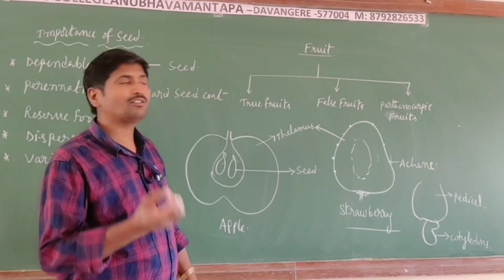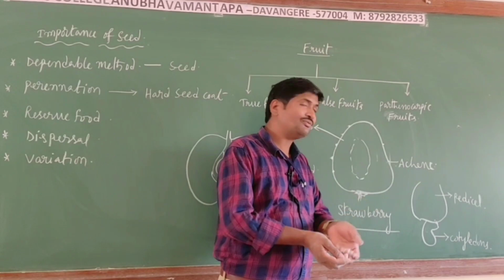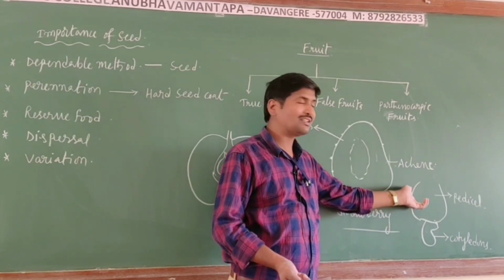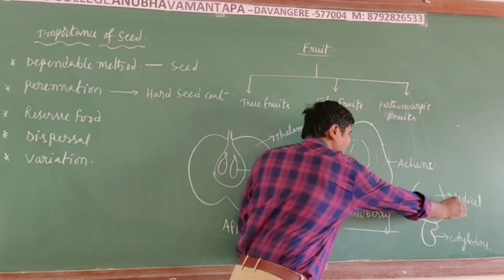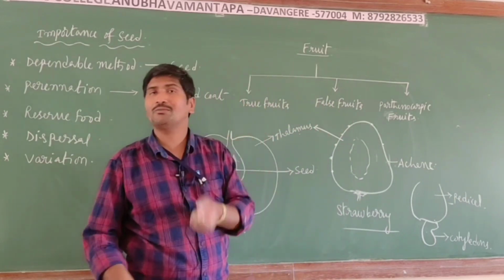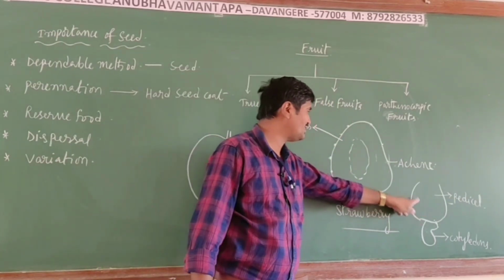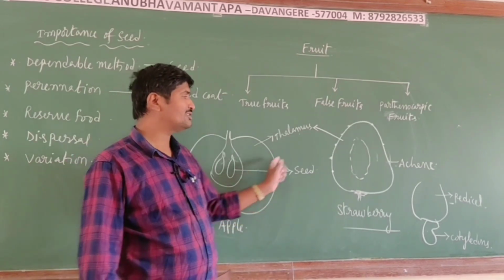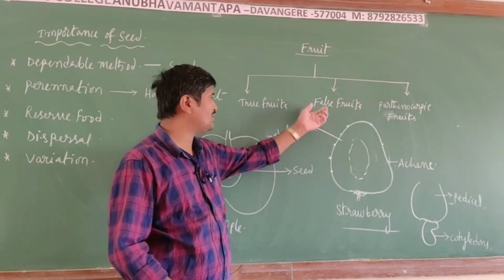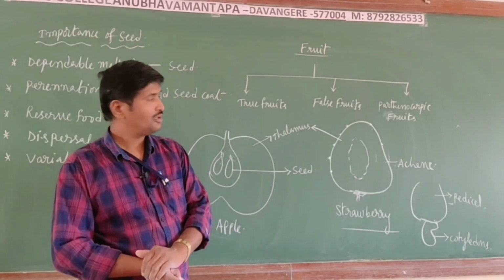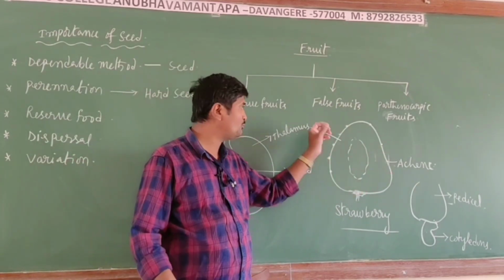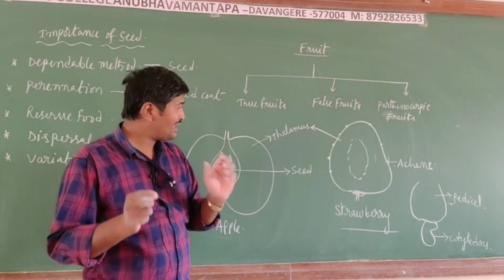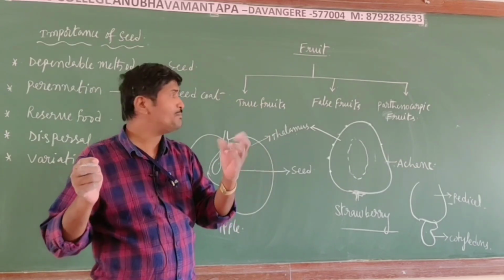Pedicel means the stalk of the flower. The stalk of the flower is also considered part of the fruit. The pedicel also develops into one part of the fruit. That's why cashew nut, strawberry and apple are the best examples of false fruits, where the fruit is developed from the ovary along with other floral parts.